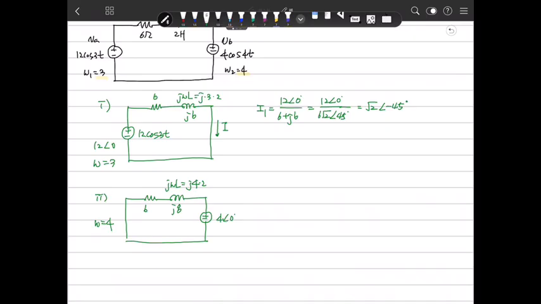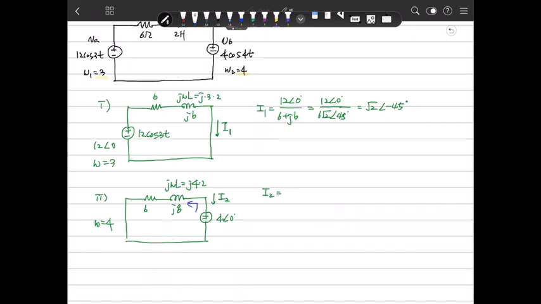Here we will find the current. I will define the current as I2, the reverse of this current.